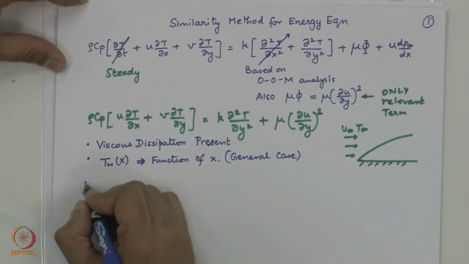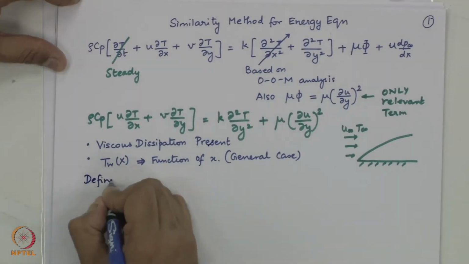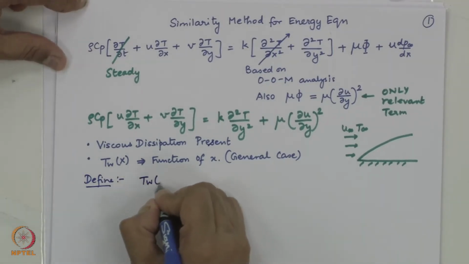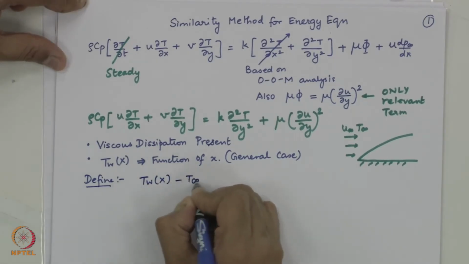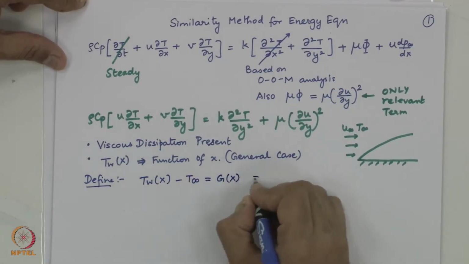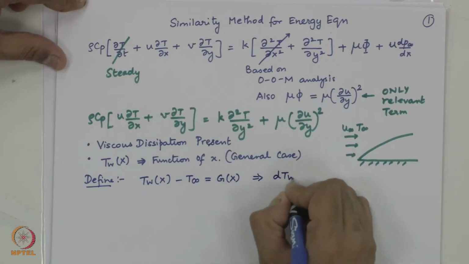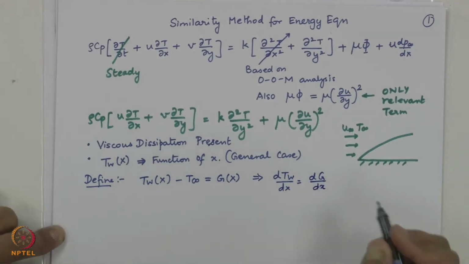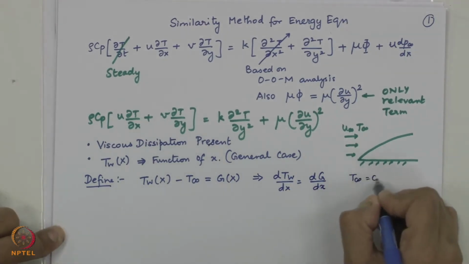So let us define the following. Let us define Tw of x minus T infinity is equal to some g of x. Therefore dTw/dx is equal to dg/dx, because T infinity is a constant.